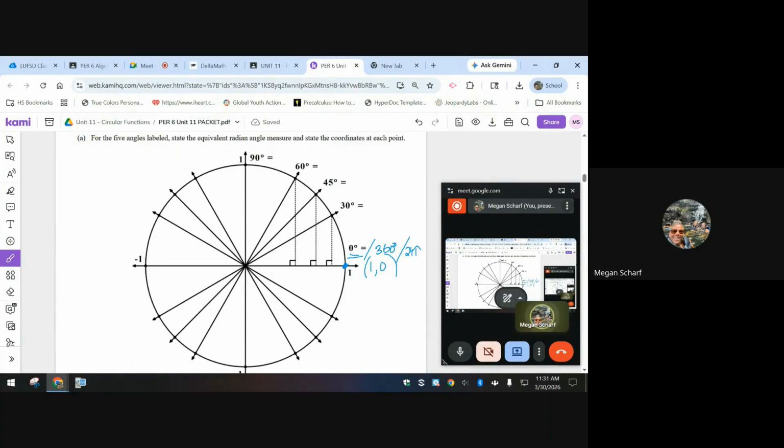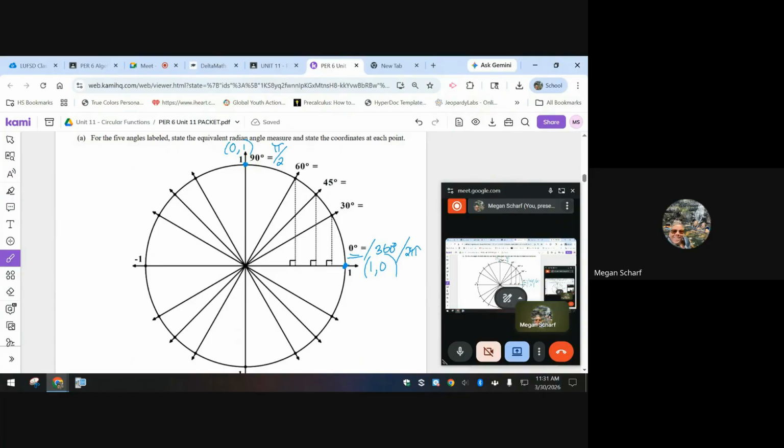We're going to slide up to 90 degrees. All right, what would be the coordinates at 90 degrees? 0, 1, right? You're now staying put, but then you're going up 1. Convert 90 to radian. Pi over 2. Okay, you guys okay with that?